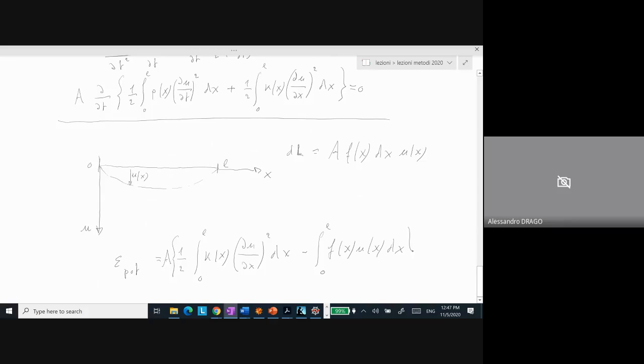And of course, there is some arbitrary additive constant, I call it epsilon 0, which is the potential energy due to gravity at the initial position, and this is reduced because of the action of the force. Okay. Is it clear enough up to now what I've done?